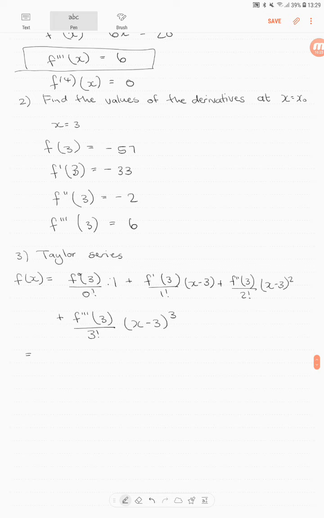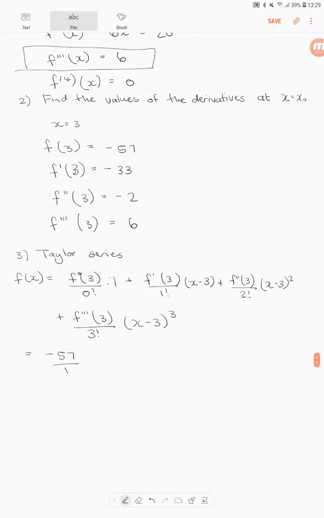So we've calculated this value, minus 57. Remember, 0 factorial is 1, so times 1. Plus, we've calculated this value as minus 33 over 1 factorial is 1, times (x minus 3).